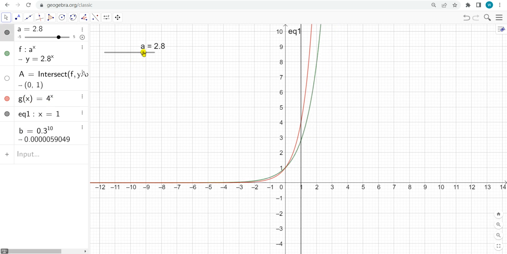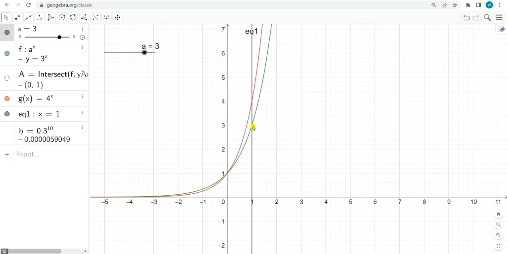For example, when I change a equals 3, you can see that it will cut the black line at the intersecting point (1, 3). So that's a very good method to find the base and compare the values. Even though the question did not give you the axis values, you can compare these two graphs. The red line is higher than the green line, so you can tell that the base of the red line is greater than that of the green line. All right.